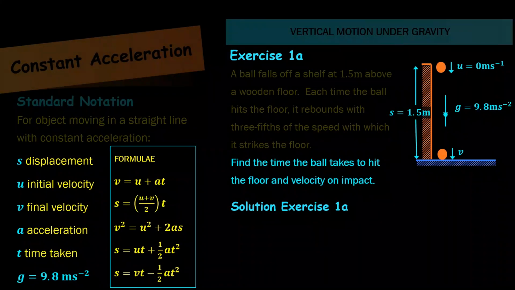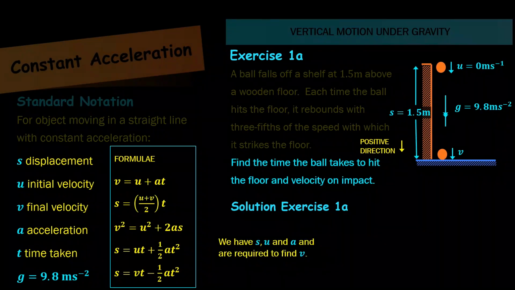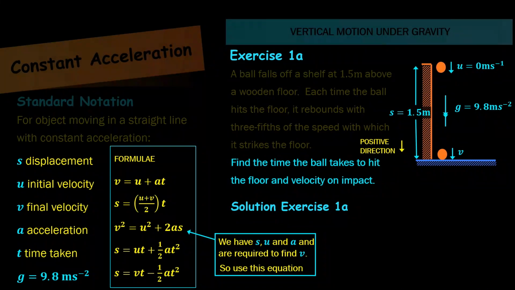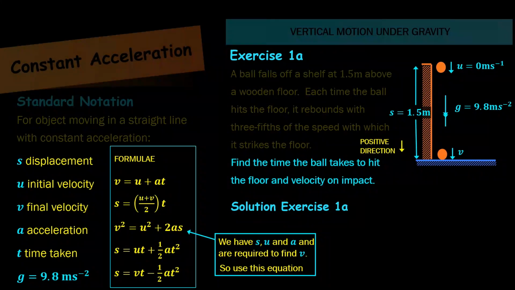Now let's find v. Again, we're going to take the downwards direction as the positive direction. So we have s, u, and a, and we are required to find v. And therefore we are going to use this equation, v squared equals u squared plus 2as.